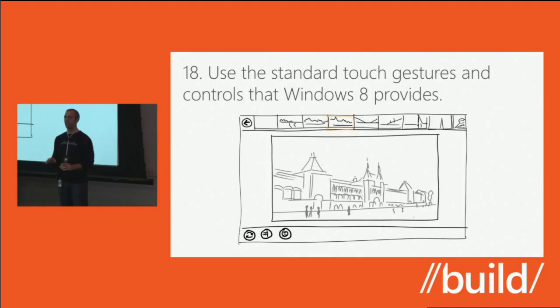I can do all kinds of interesting things. So make sure it all works. It makes it a little harder on you, but if you use the standard controls, 95% of the time things just work for you. We learned that the hard way too, mostly because we tried to do some custom things because we thought we had to, but we didn't. We ended up using all standard controls, except for a couple of one-off things.